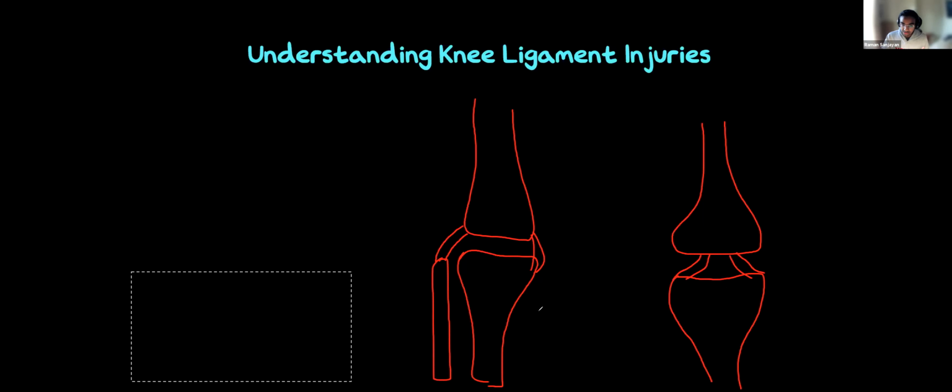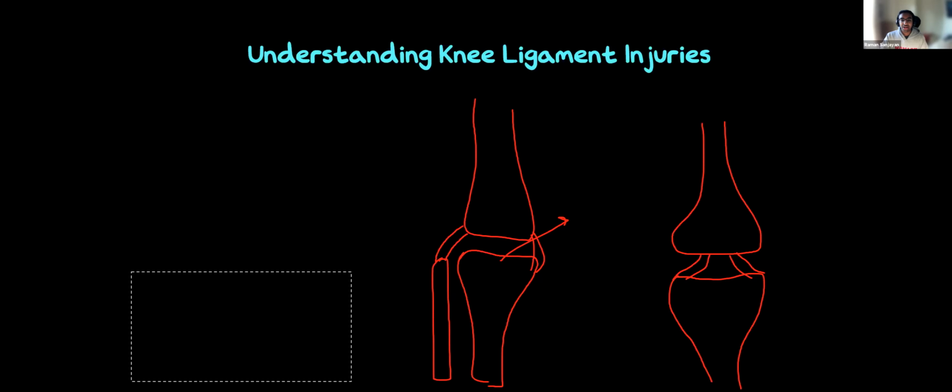So logically, if you were to damage your MCL, what would you have to do? One thing I want you to remember is that to damage any of these ligaments, you have to pull them. You pull too hard and it breaks. So if I'm going to pull this ligament too hard, I'm going too far this way.